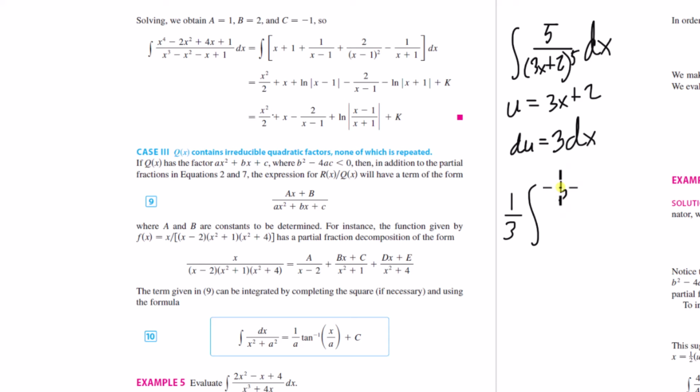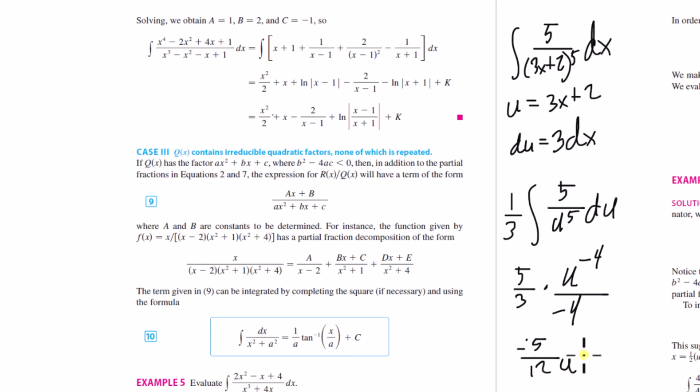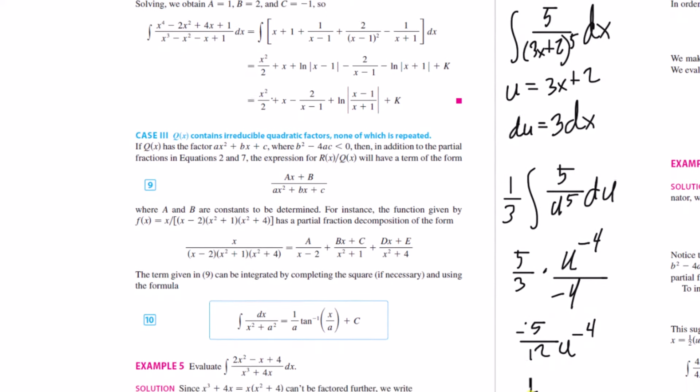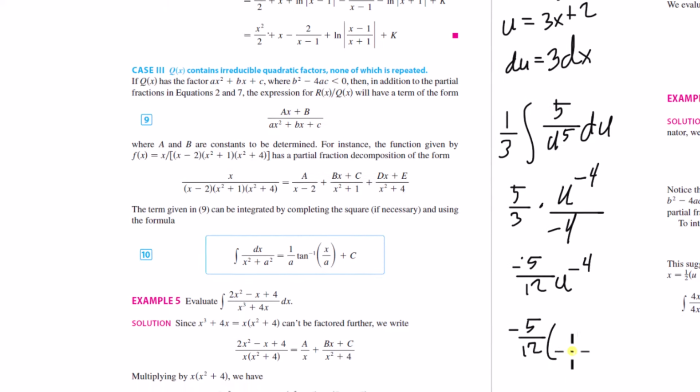So 5 over u to the 5th du, 5/3 times the integral of u to the minus 5, which is u to the minus 4 over minus 4. So minus 5 over 12 u to the minus 4. Minus 5 over 12 (3x + 2) to the 4th.